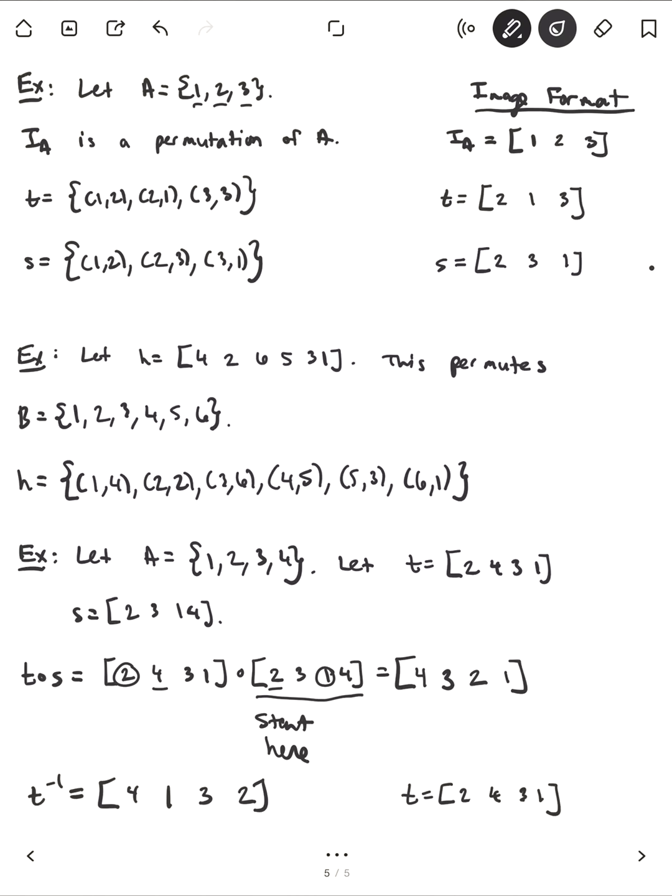And to check this, you can always compute the composition. So let's finish off by doing that. 4, 1, 3, 2, composed with 2, 4, 3, 1.